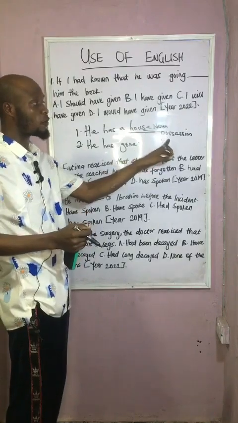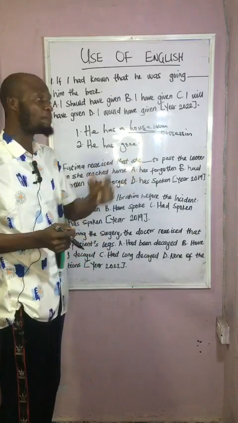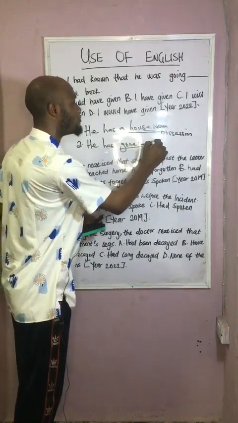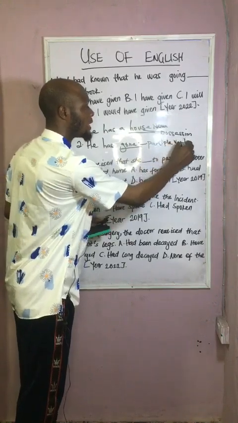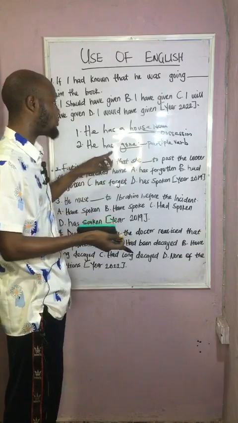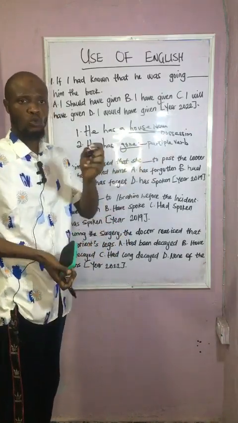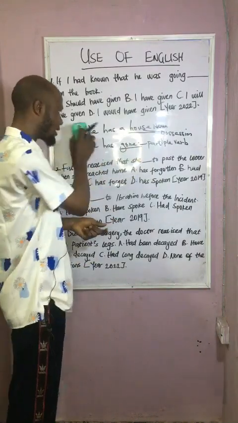When it performs the function of timekeeping, it must be followed by a participle verb. That is when this particular verb shows timekeeping. Those are the two grammatical functions of has, have, and had.